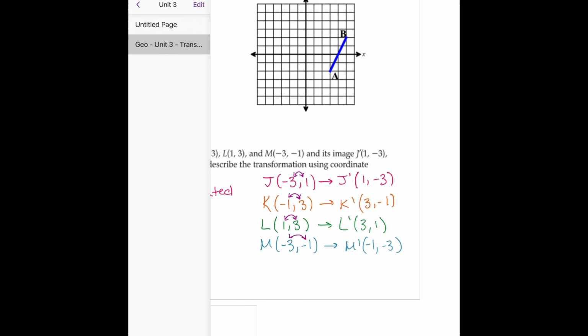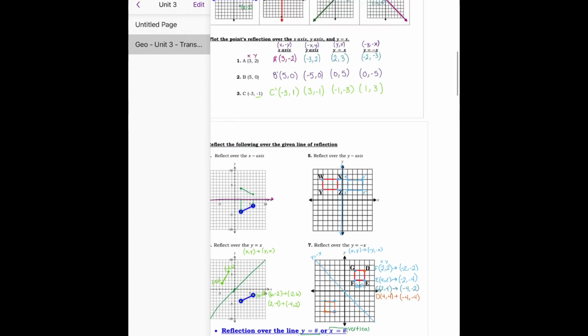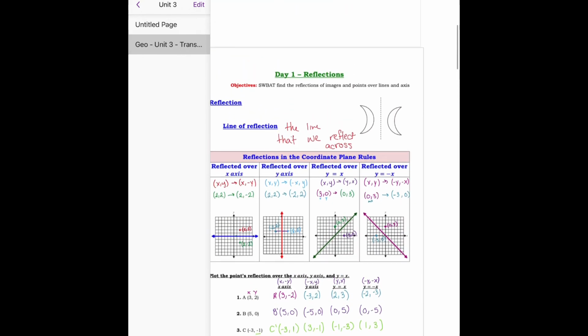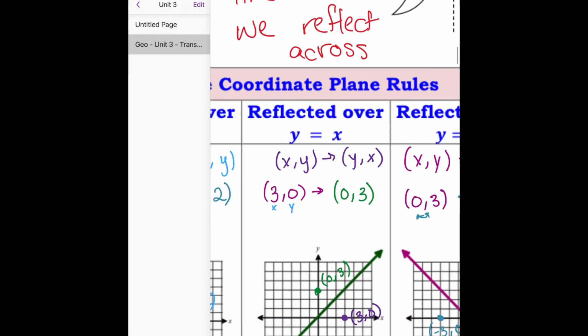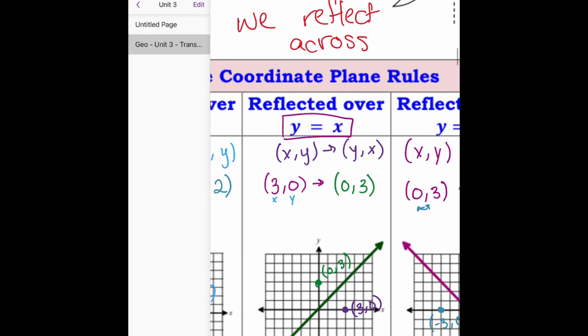So which transformation do we have that involves switching the x and y? Well, that would be a reflection over y equals x.